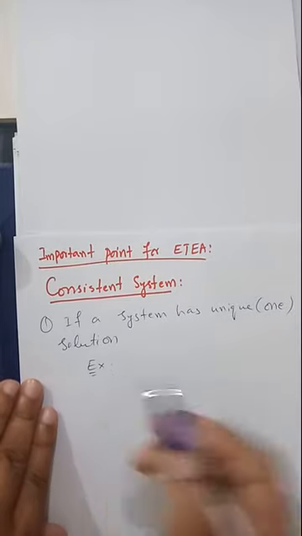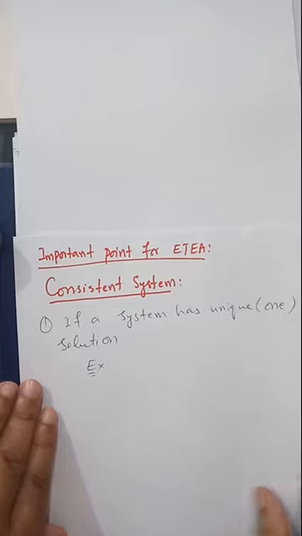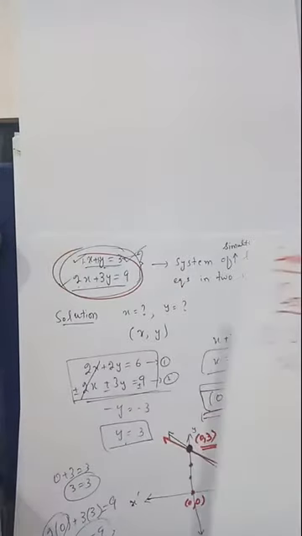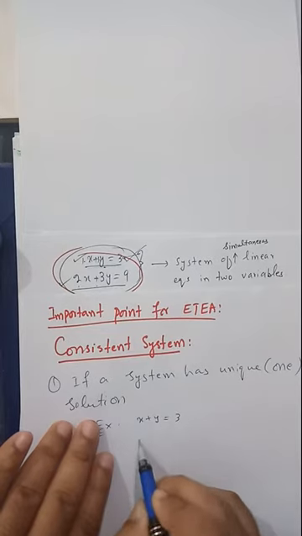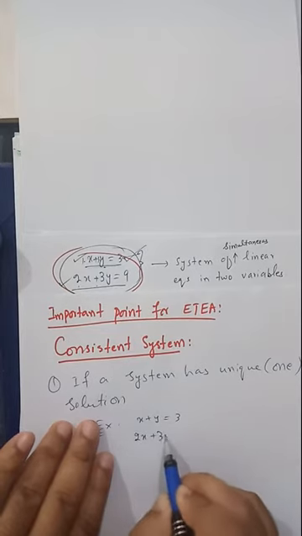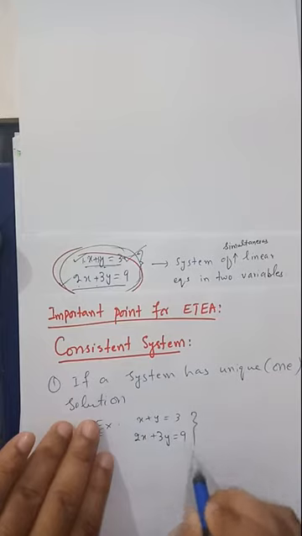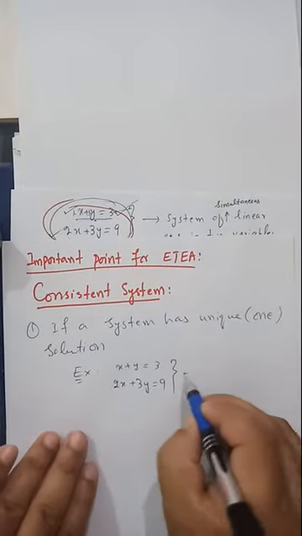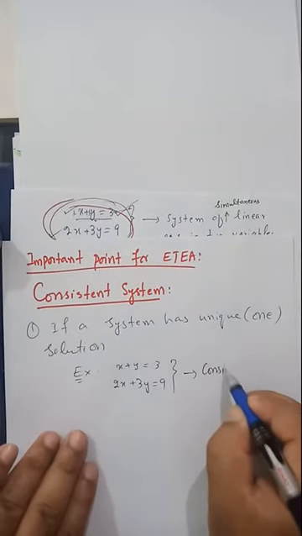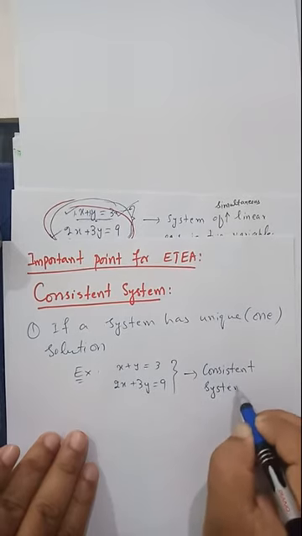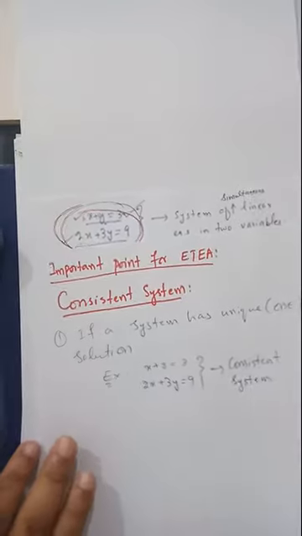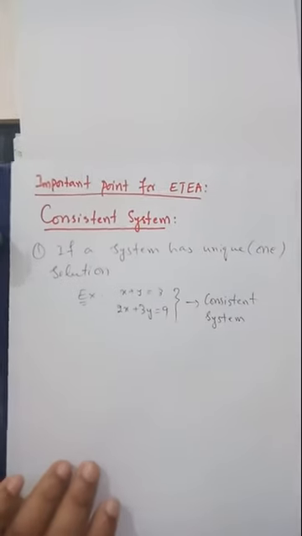For example, the one we discussed in the previous example: x plus y equal to 3, 2x plus 3y equal to 9. This system is a consistent system because it has a unique solution.